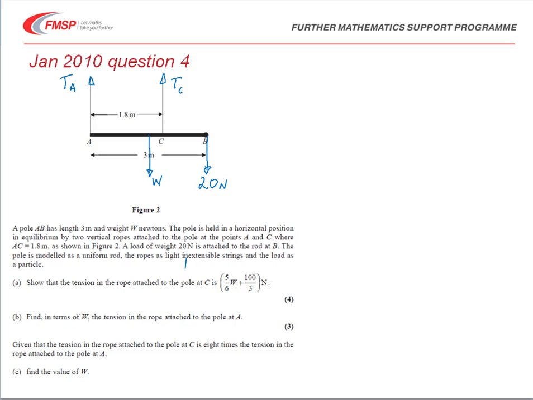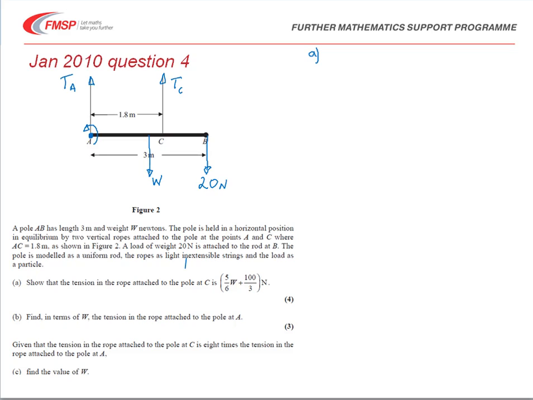We'll start off with part A, trying to find the tension at C. So we're trying to find TC. It makes sense then to take moments about point A. If we take moments about this point, then there is no effect of the tension at A because it's 0 distance.